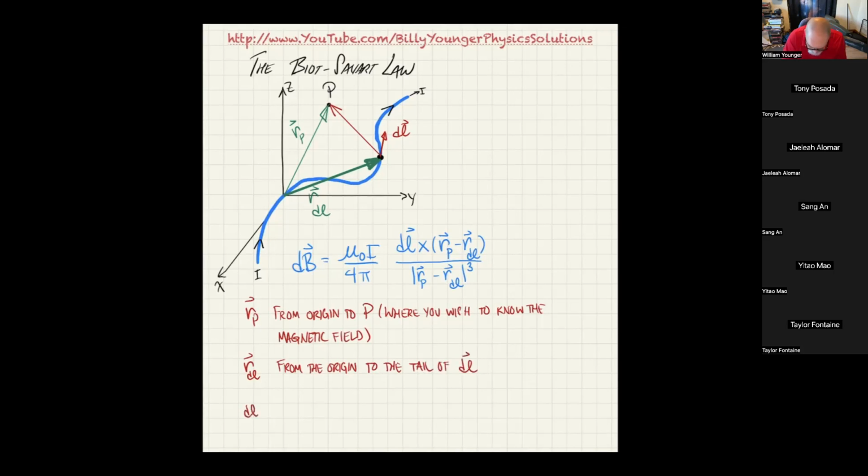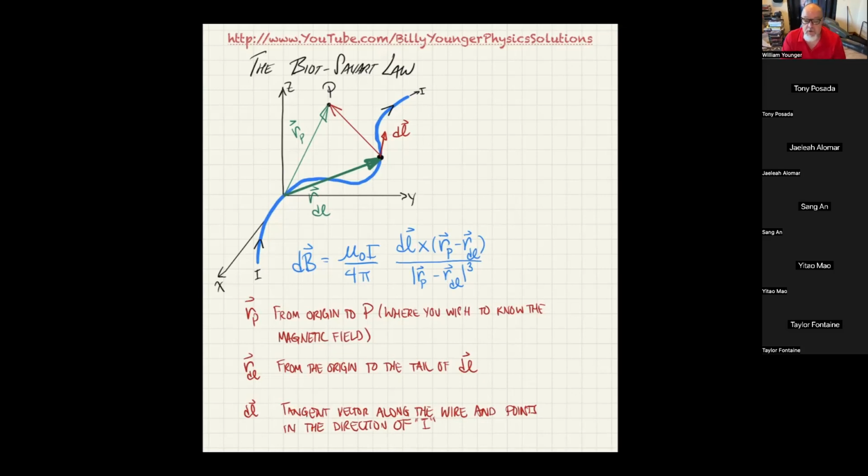And then you've got DL, which is a tangent vector along the wire and points in the direction of the current I. Okay, any questions on that?